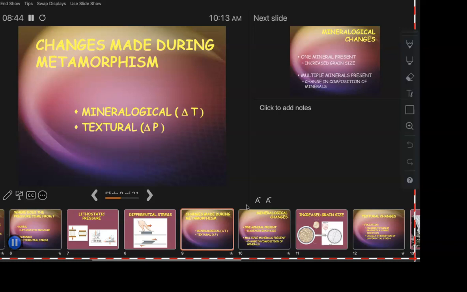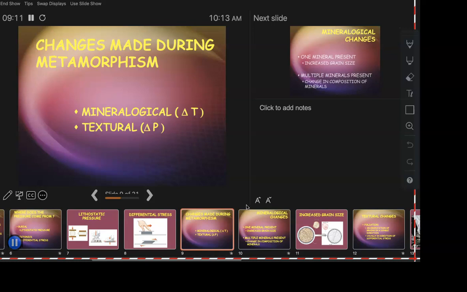So mineralogical changes come from a change in temperature. Textural changes come from a change in pressure. And remember, foreshadowing a little bit ago, we have some rocks that are affected only by changes in temperature, and we have some rocks that are affected by changes in temperature and pressure. You can't get just pressure without temperature.